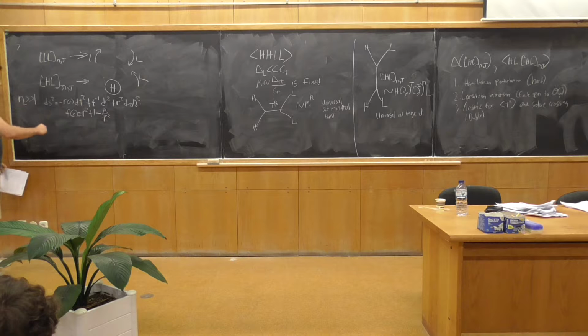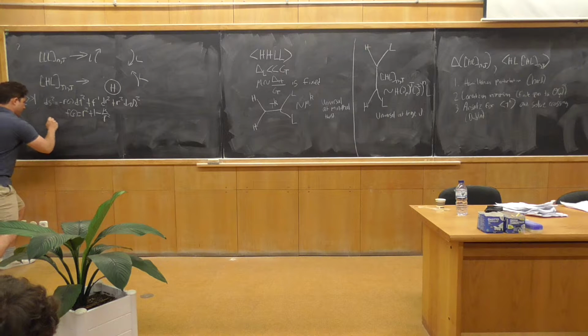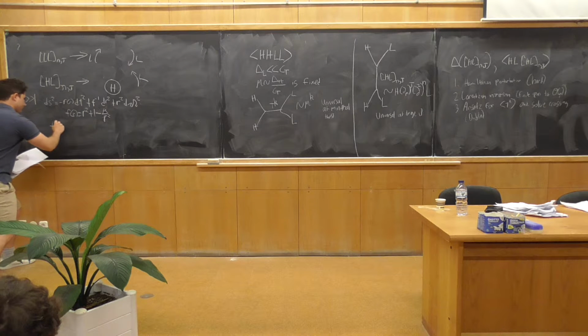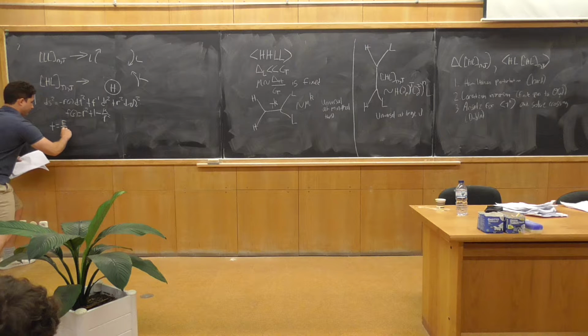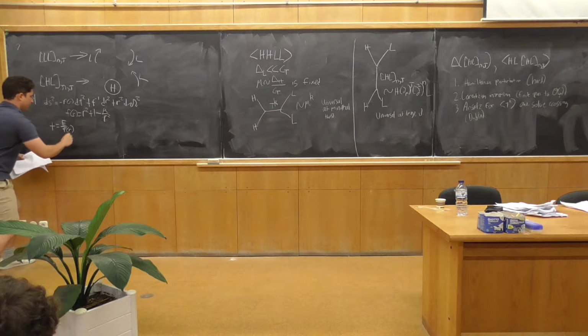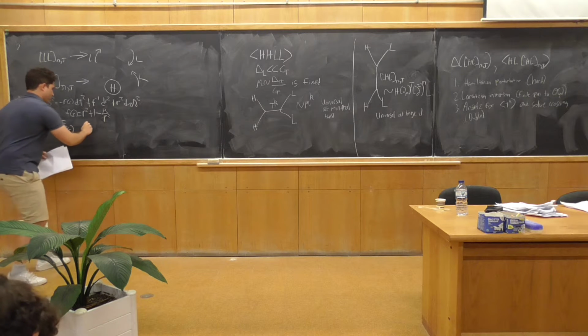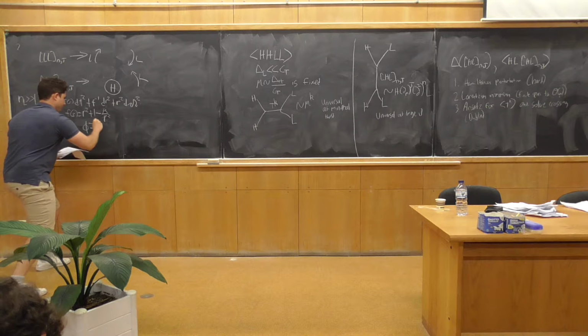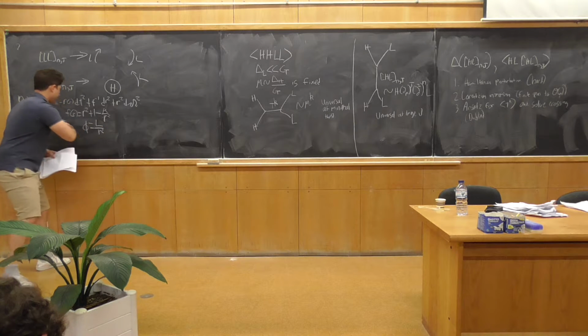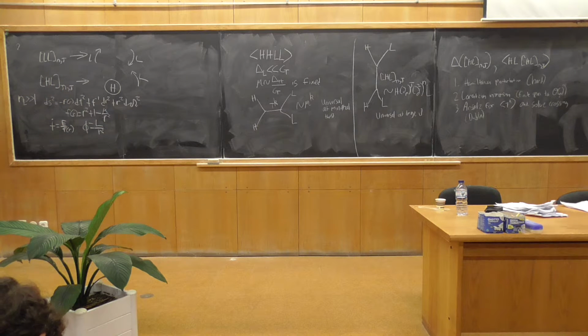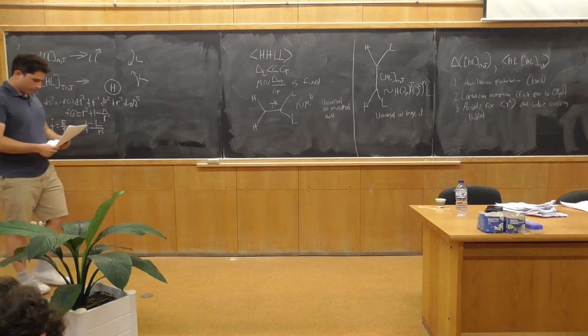Okay, so we have this orbit, and we need to solve the geodesic equations. And they take this form. Here E and L are the conserved energy and angular momentum of this orbit.